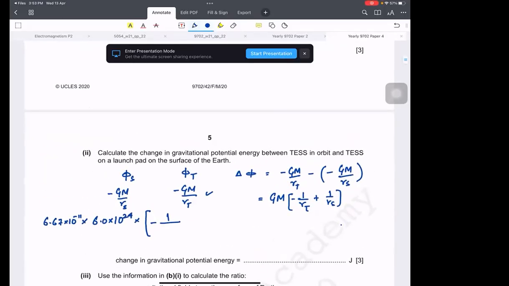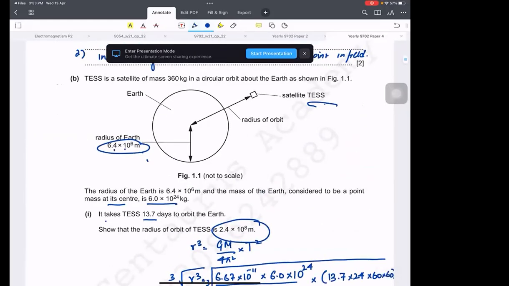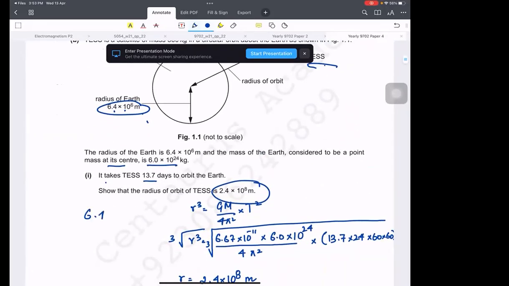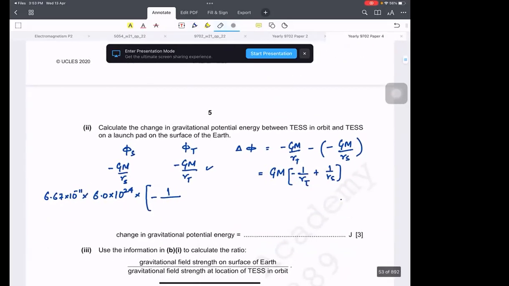Can you please add? What will this be? 6.4 plus 6.4. Okay, so the radius is 2.4 into 10 raised to 8 plus 1 upon 6.4 times 10 raised to 6. So this basically is the change in potential.